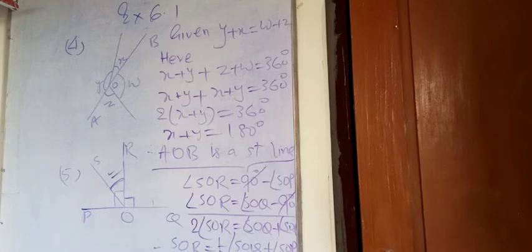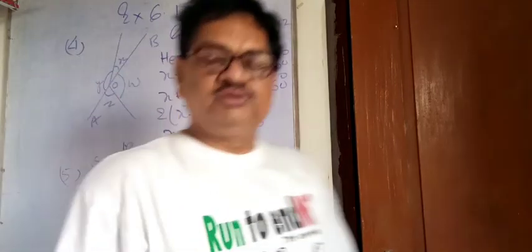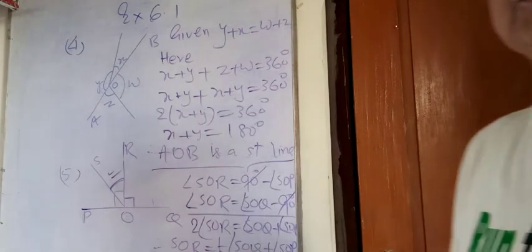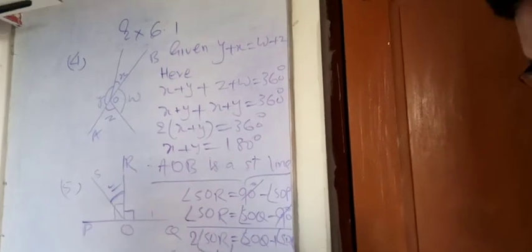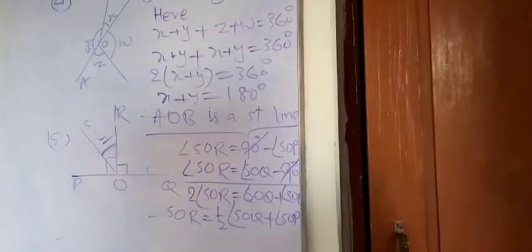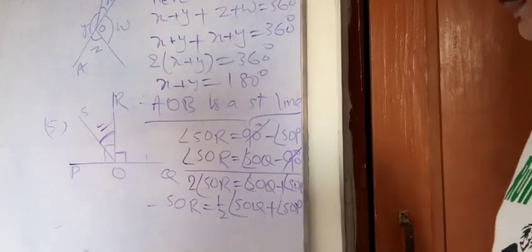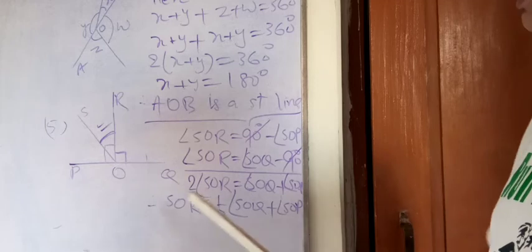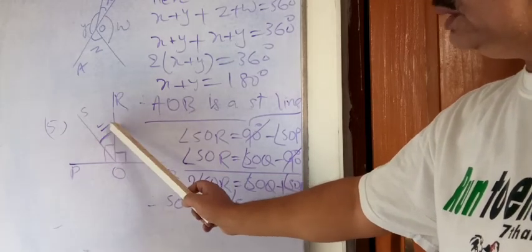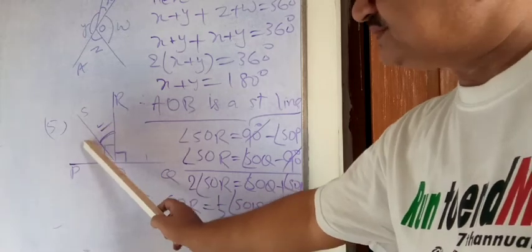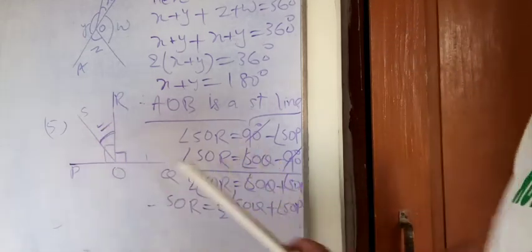So students should see it carefully, because only a careful study can make these questions simple. Here SOR can be written as complete 90 degree minus SOP, that is here.